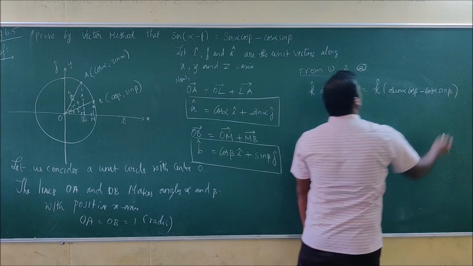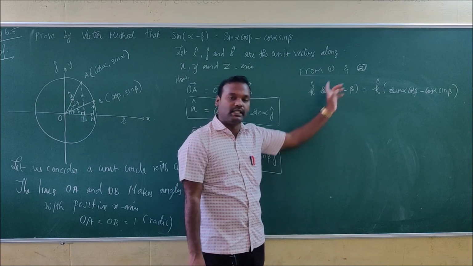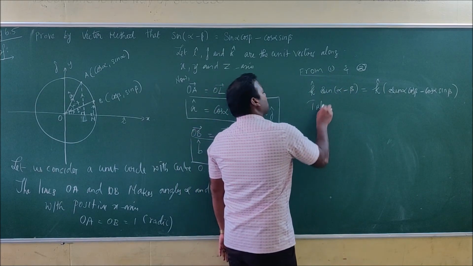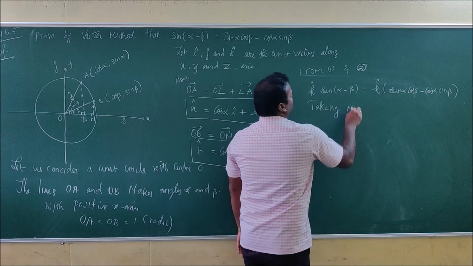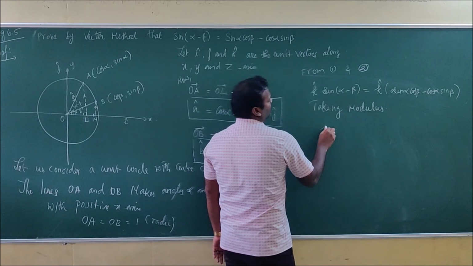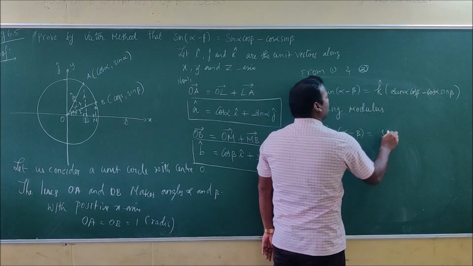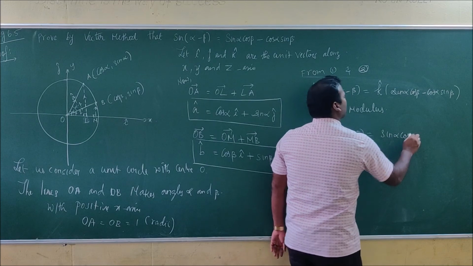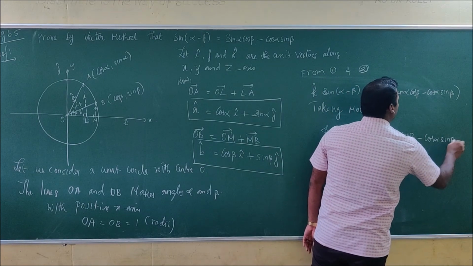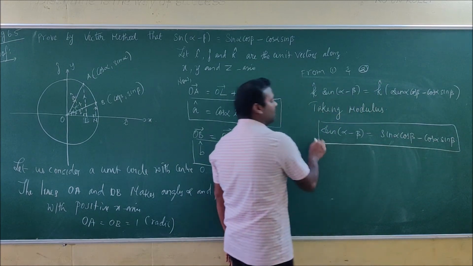Next we have to cancel this k cap. Since it is a unit vector, when you take the modulus, the unit vector gets cancelled. So you will have sin of alpha minus beta equal to sin alpha cos beta minus cos alpha sin beta. This is the thing we needed to prove. I have proved that one.